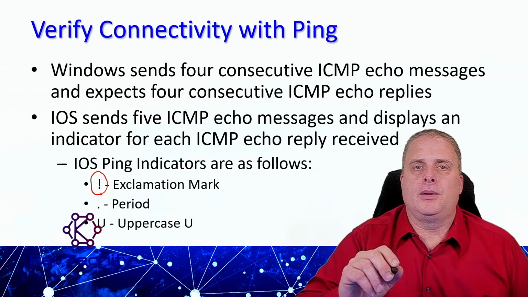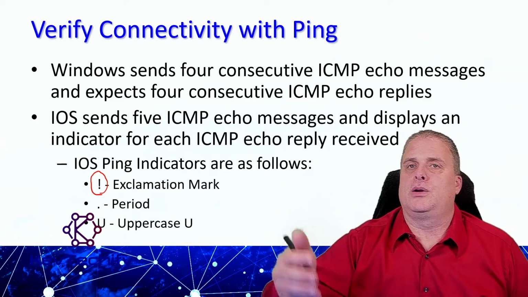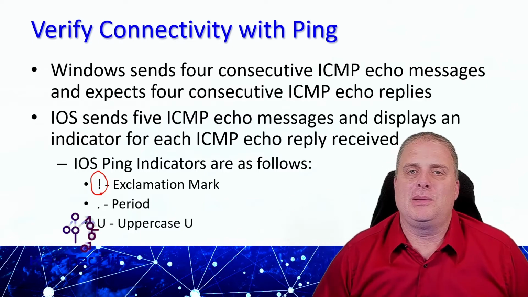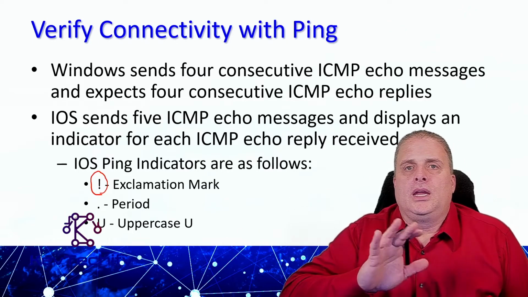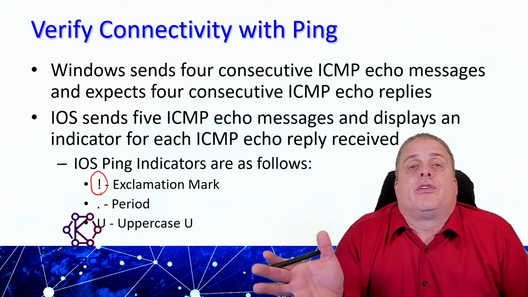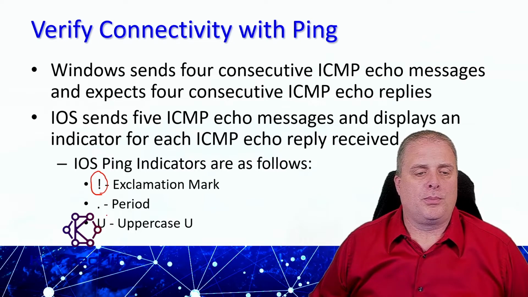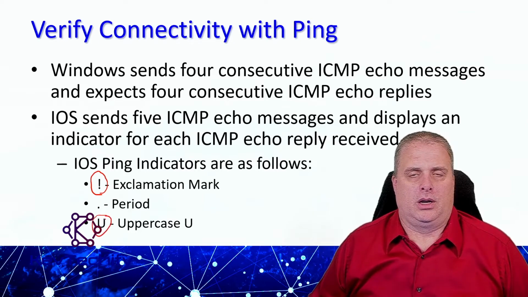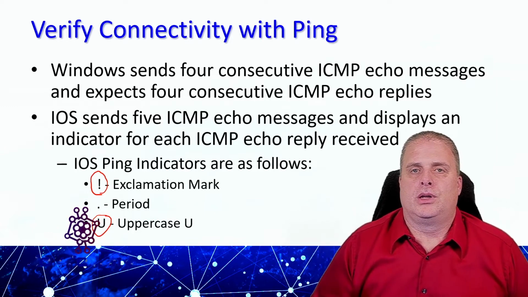A period means it timed out. We sent out that echo request, we sat there, we got nothing back. What that period means is it just never came back. It was a timeout. The third one here is an uppercase U, and that means the destination is unreachable.